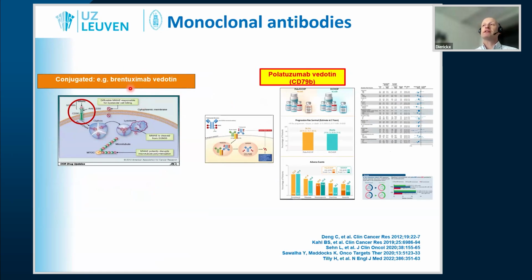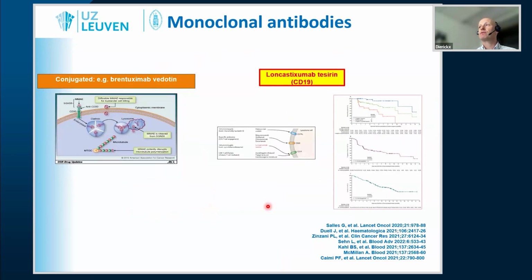So anti-CD30 is very well known, but in diffuse large B-cell lymphoma, we also have now polatuzumab vedotin, which is an anti-CD79B monoclonal antibody with a chemotherapy. The most important side effect of this therapy is due to that chemotherapy, which can cause polyneuropathy, which is actually the most commonly observed side effect.